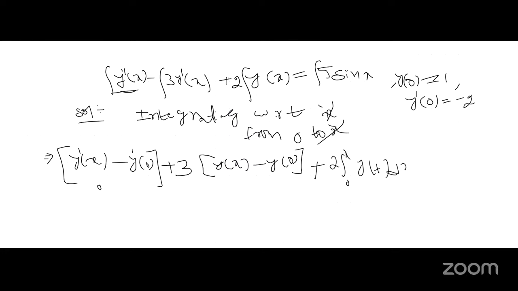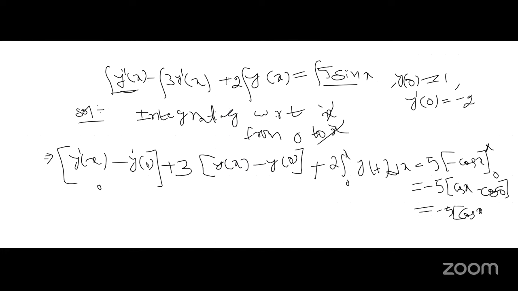Now the 5 outside. The integration of sin x is minus cos x, from 0 to x. So that becomes minus 5 into cos x minus cos 0, where cos 0 is 1.